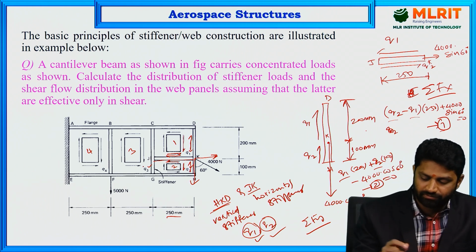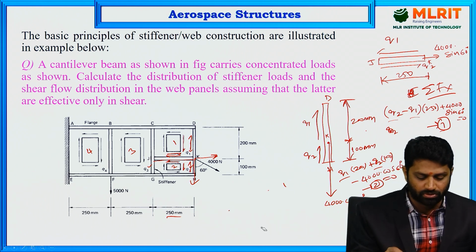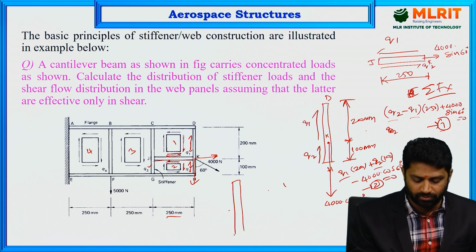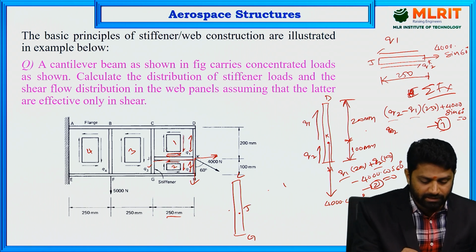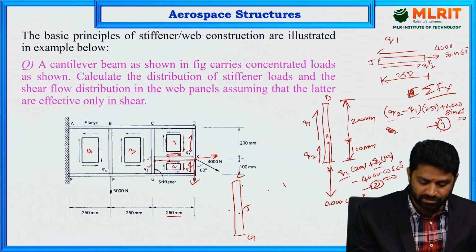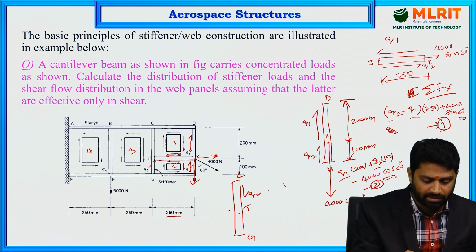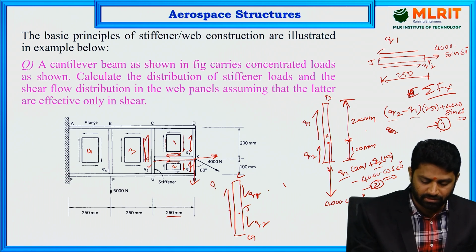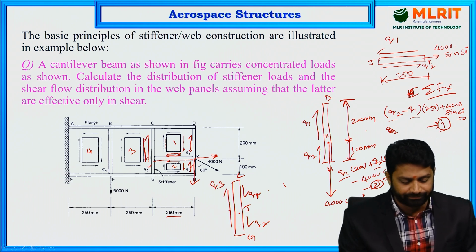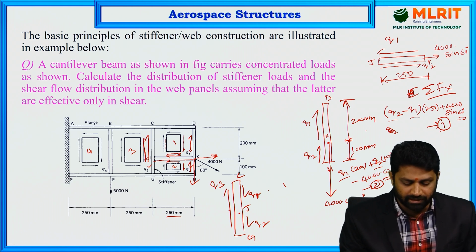When you draw it for C, J and G, the shear flow Q2 is acting in the upward direction, so you write Q2 here, and here Q1, and here Q2 is also acting in the upward direction, so you write Q2, and the left side is acting in the downward direction, so you can represent Q3 in the upward direction. This is the vertical stiffener we considered here.